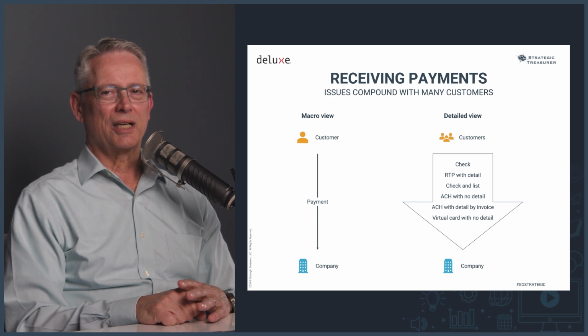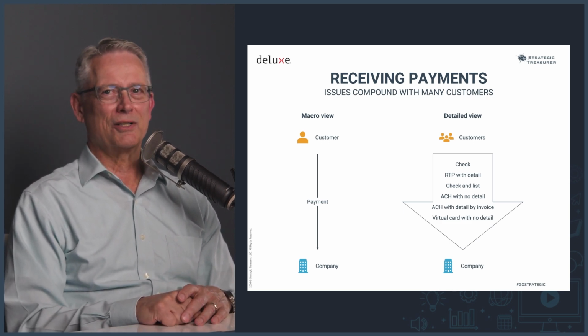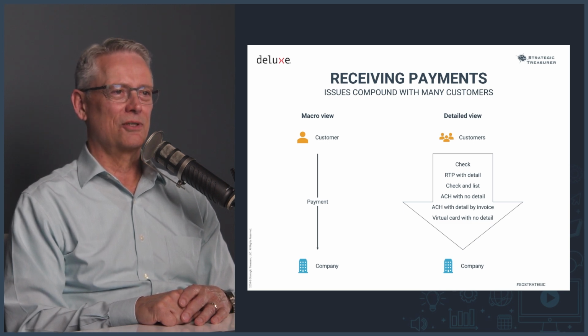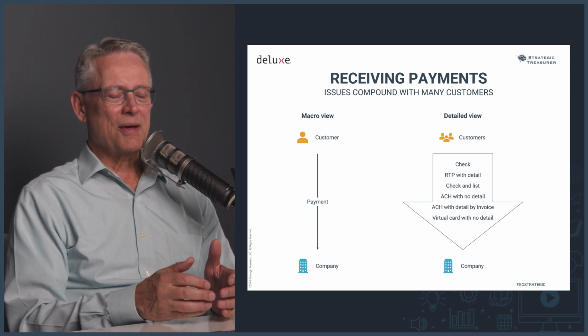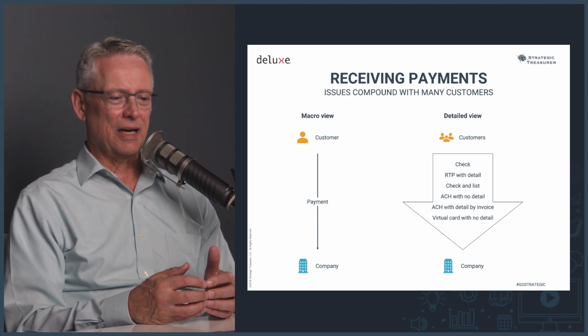Virtual cards present a whole different layer of problems, especially if someone mails that virtual card to a lockbox, which creates all sorts of disasters. So this is talking about the details around making a payment.